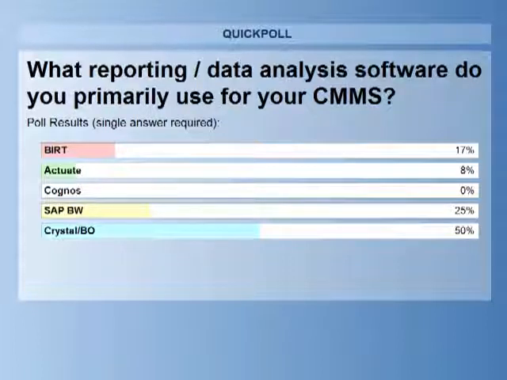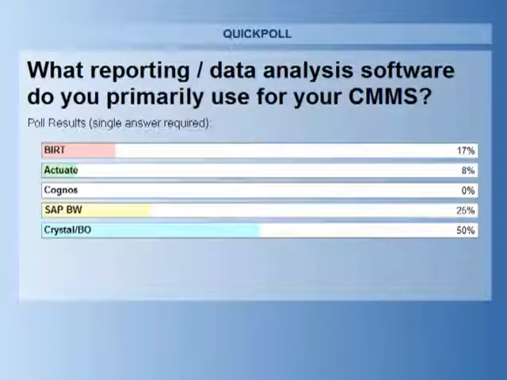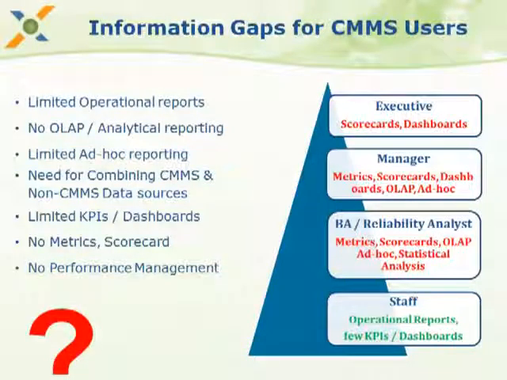Okay, all right. Some of the tools in this poll question, I think they are designed to do mostly operational reports, like Crystal or Actuate or BIRT. And of course, we can develop KPIs in those software also.